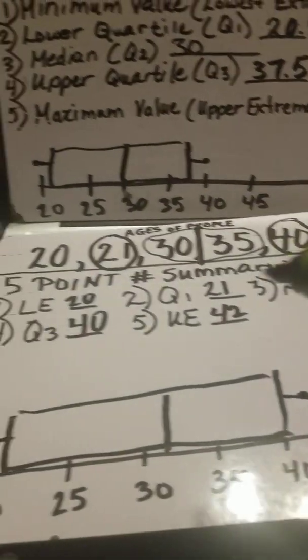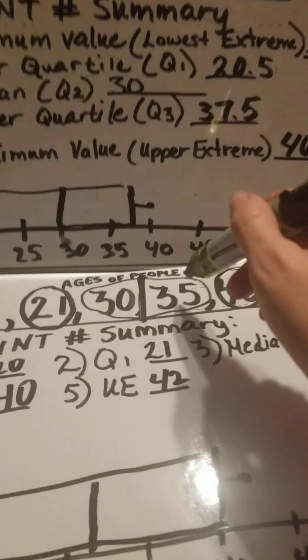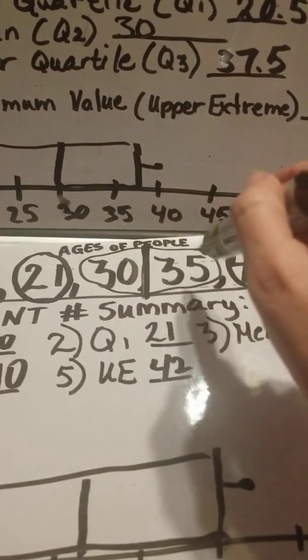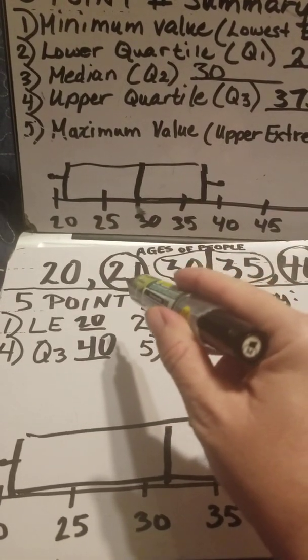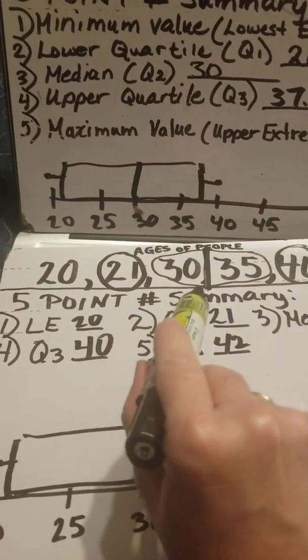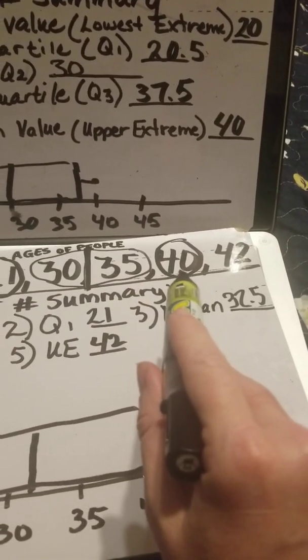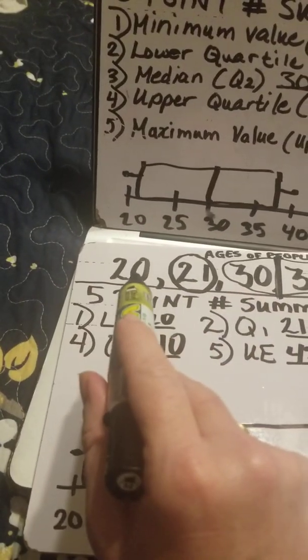On this one, there's an even number, so it was harder at the beginning because I had 2 numbers in the middle. But then Q1 was very easy because there are only 3 numbers now, and Q3 was very easy because there are only 3 numbers now. Highest extreme number, lowest extreme number.